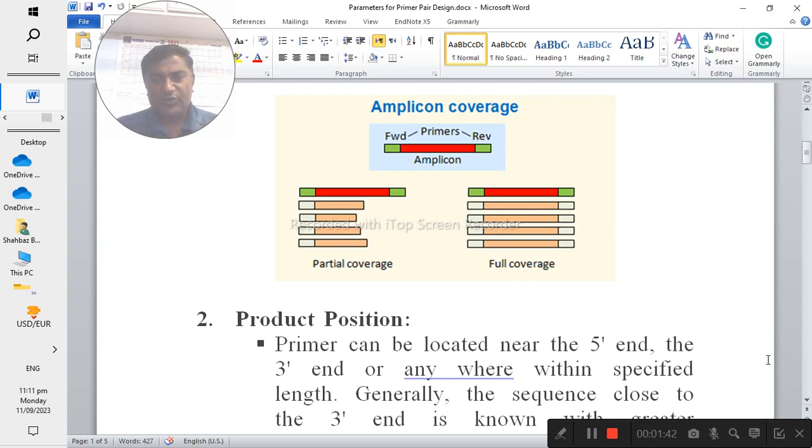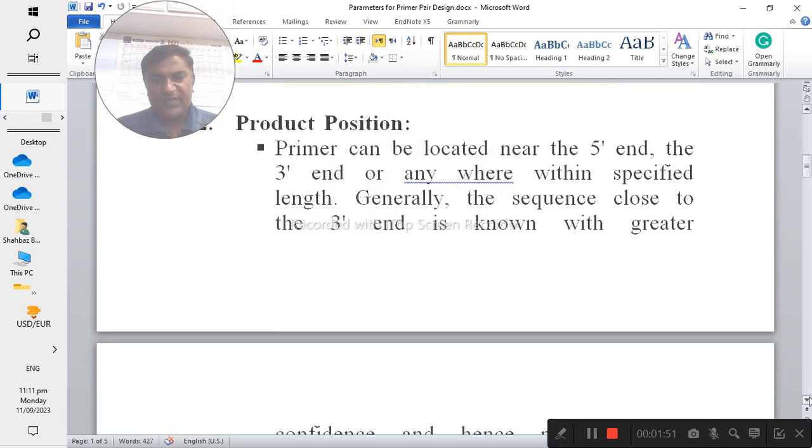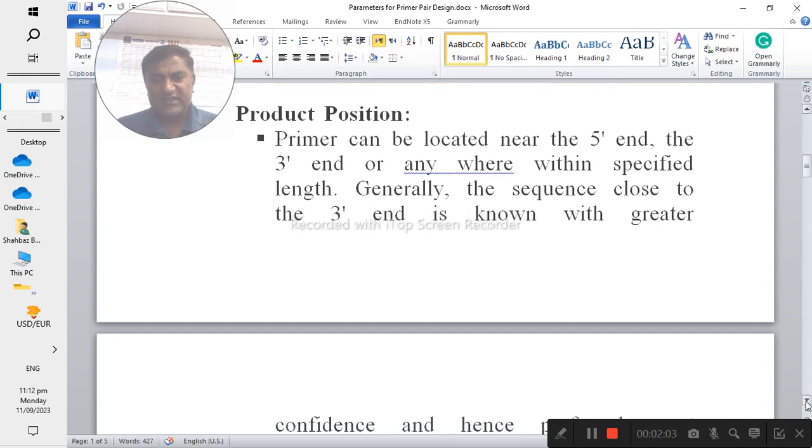Next is product position. The primer can be located at the 5' end and the 3' end, or anywhere within the specified length. Generally the sequence close to the 3' end is known with greater confidence.